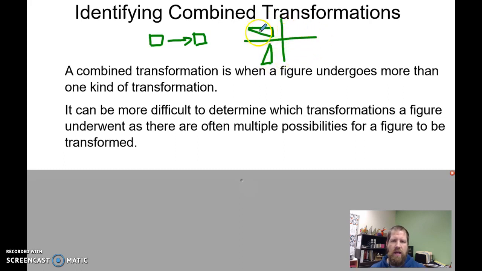It's hard to see exactly how this figure got here because we had a change in position, but we also had a change in orientation. So now we're looking at, did it flip, or did it rotate and then move, or rotate and then flip?